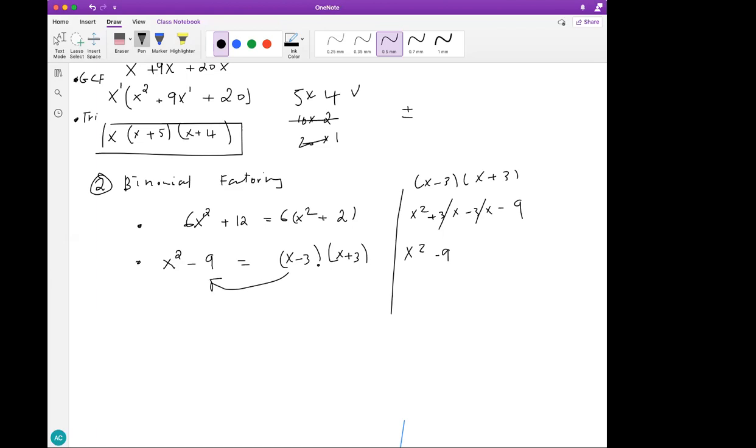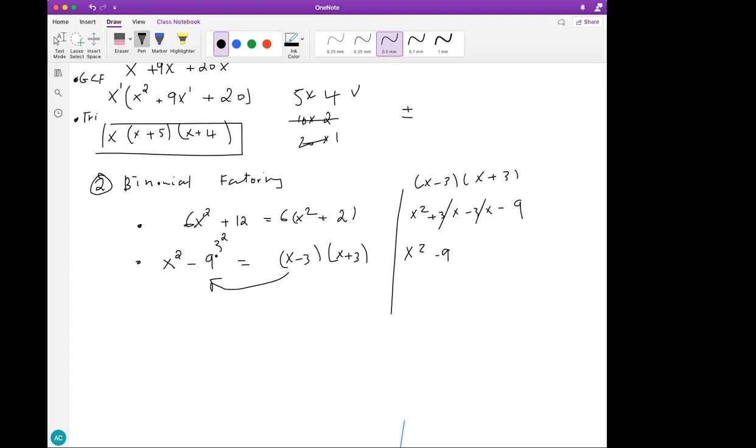So let's try to make up a rule that we can use every time without having to do this. We're going to try to skip these 3 steps and instead do this in one step. What do you notice here? We have x to the second here, so we took x. And also here, 9 is basically 3 to the second.